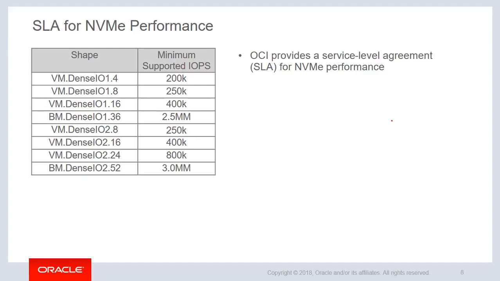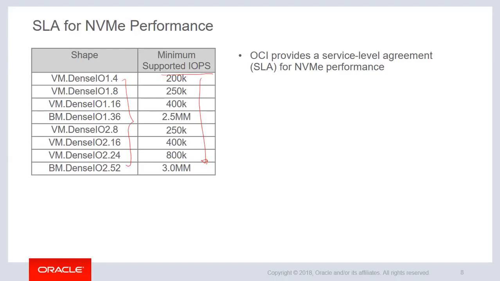There is no SLA for performance anywhere else in the public cloud space. So as you can see here, first of all, with the various shapes, we have a minimum supported IOPS number. Now this number in many cases is more than what is being shown here, but this is the minimum supported IOPS.